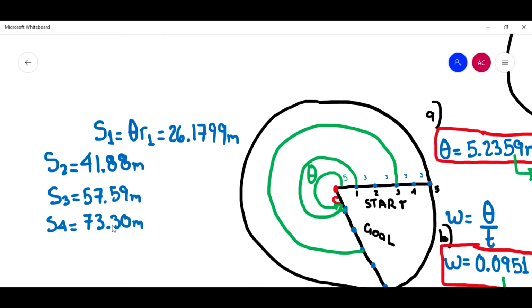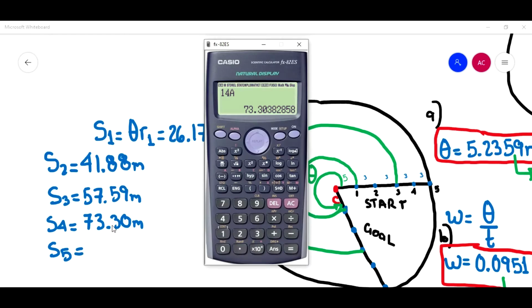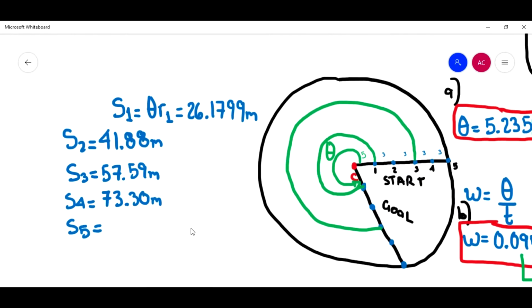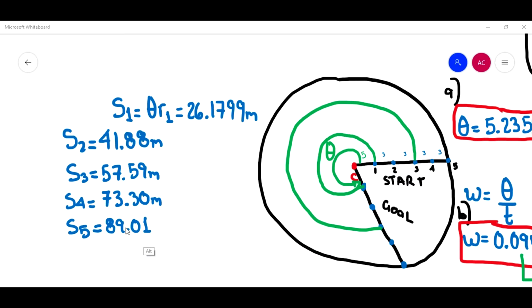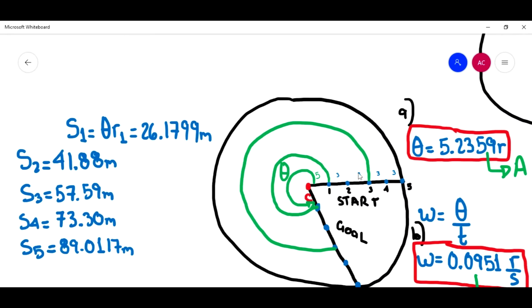And finally, the distance traveled by the fifth cyclist is going to be 17A, which is 89.0117 meters. So again, all of them reach the same goal at the same time.